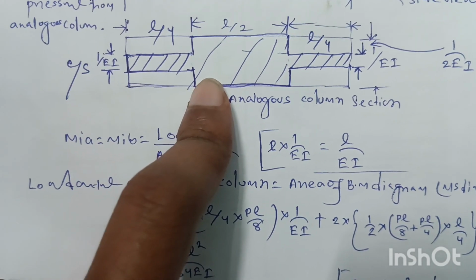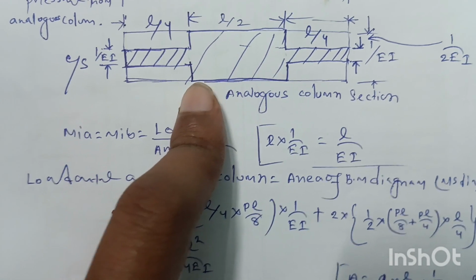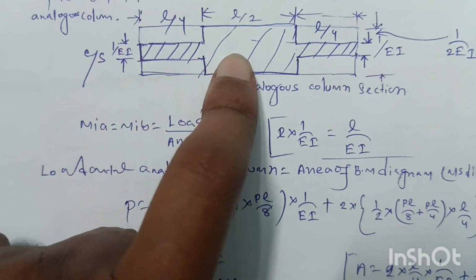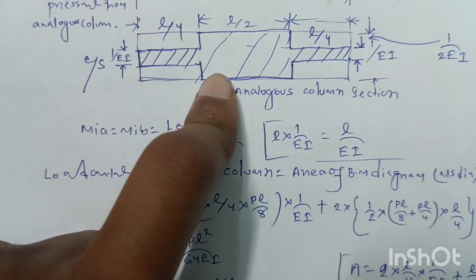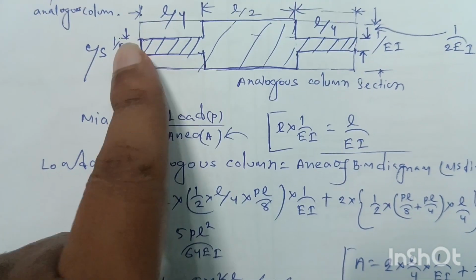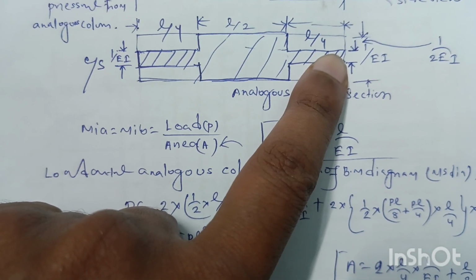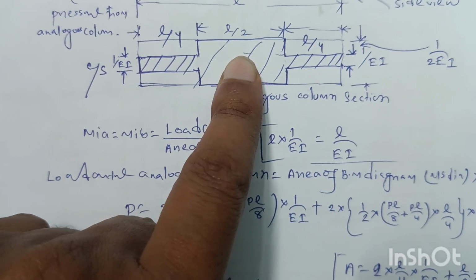If we see the cross section of the analogous column for this beam, it will be like this. The central part, L by 2, has moment of inertia 2 times that of the remaining two parts. So this part and this part have moment of inertia I, and this part has moment of inertia 2I.